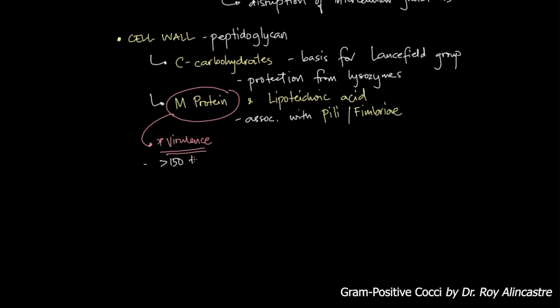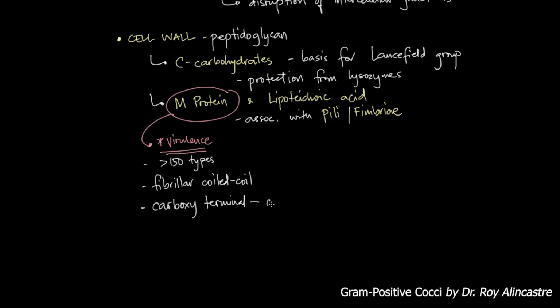Take note also that there are more than 150 types of M protein. So a person can have repeated infections with strep pyogenes of different M types. The M protein itself is a fibrillar coiled coil molecule, no, with a structure similar to myosin.